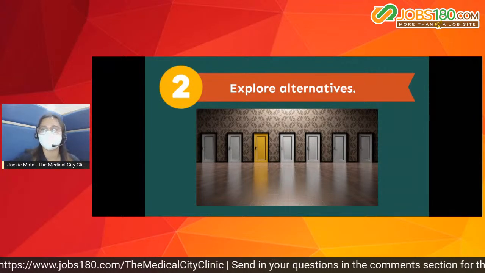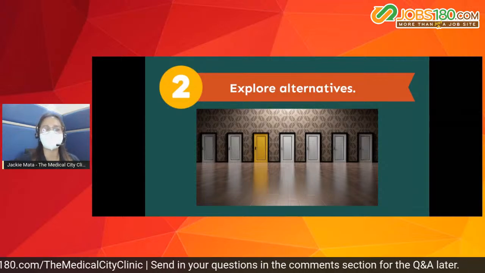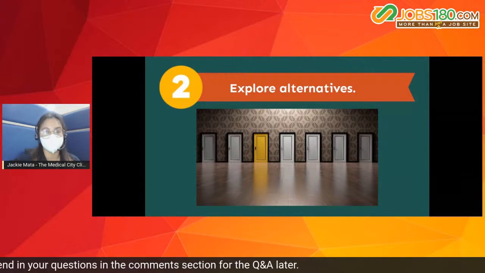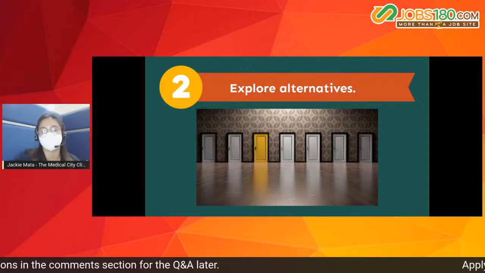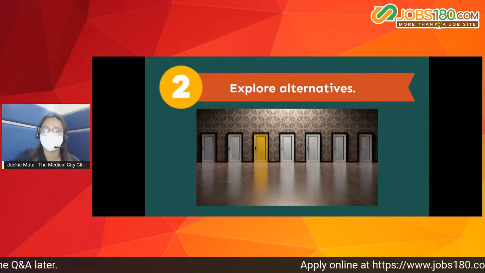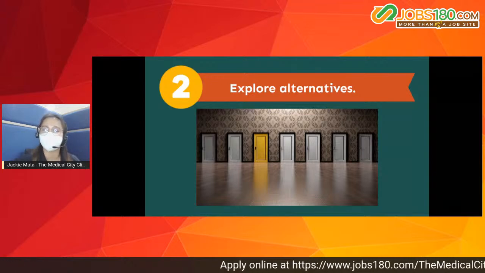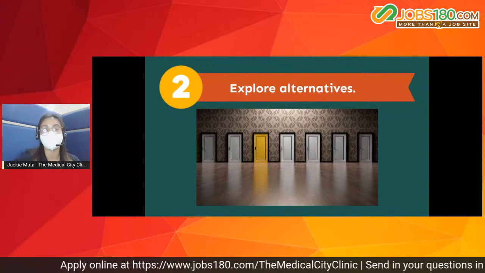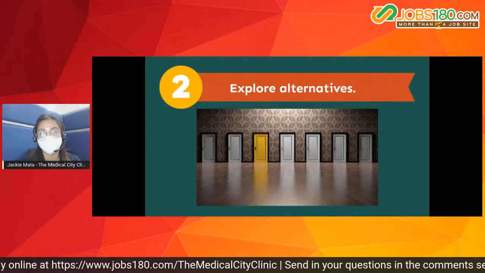And mahalaga din dito that you do brainstorming. So brainstorming with some people in your life can really be such an excellent tool for identifying potential alternatives. Like you have your safe and trusted friends. You also have your mentor or a professor or teacher that you feel so close with. And of course, with your parents and families as well.